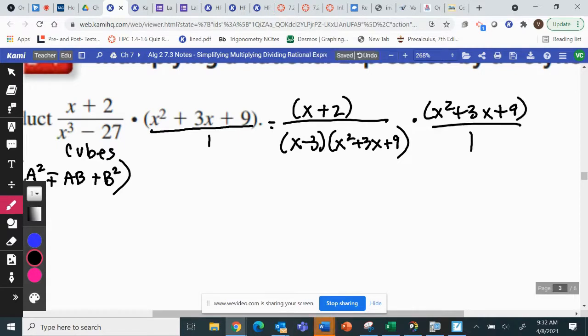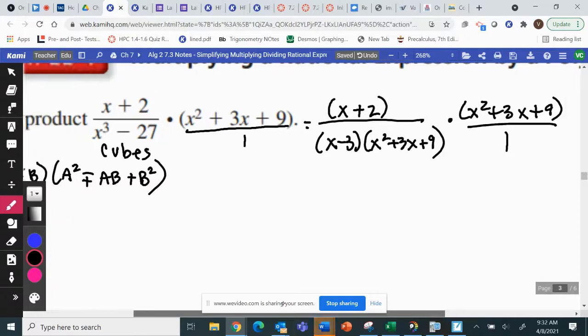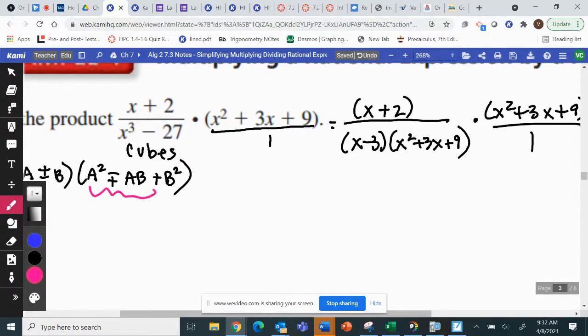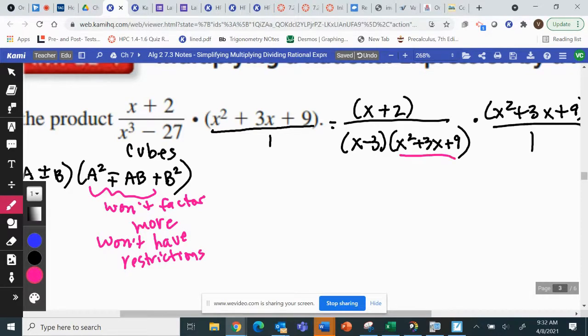And then I've said this before, when we factor cubes, this part will never factor further. It won't factor anymore. And it won't have domain restrictions either, because if you solve this, it equals imaginary numbers. So it won't have restrictions. So when I factored it and I got this part here, there won't be any domain restrictions for that.